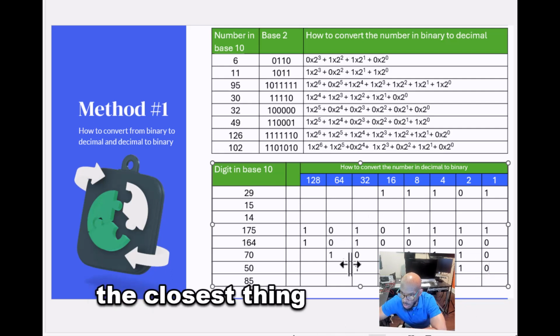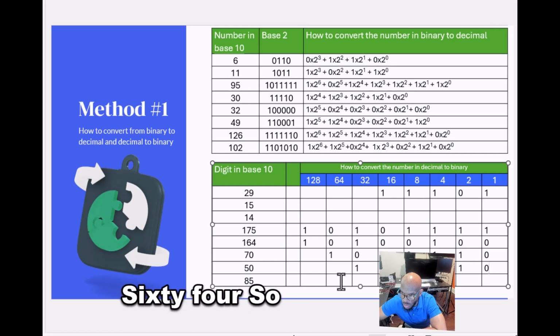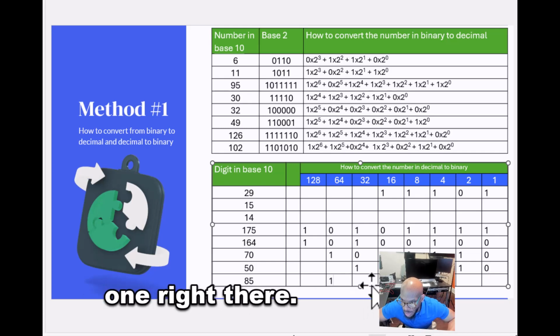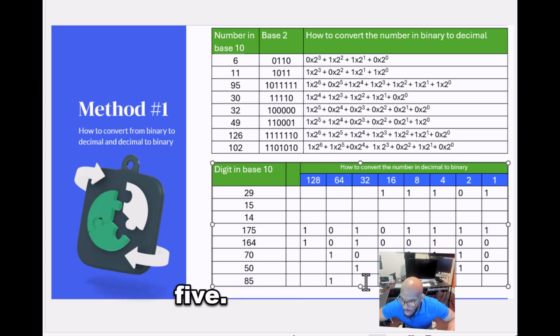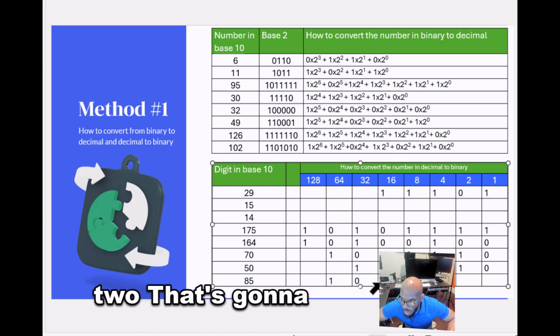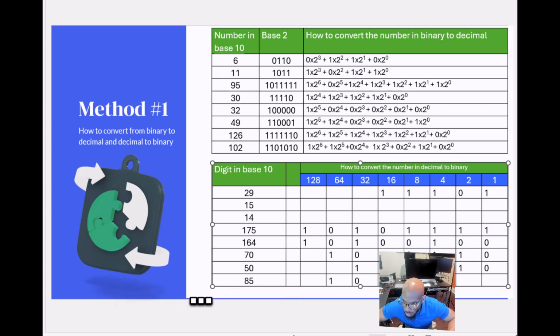85, what's the closest thing to 85 without going over? 64, so we put a 1 right there. We don't need the 32, that's going to make it too much. So 64 and 16 makes 80. Do we need 8? Nope, that'll make it too big. Do we need 4? Yes.